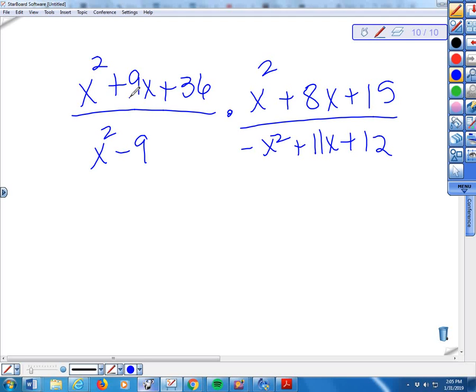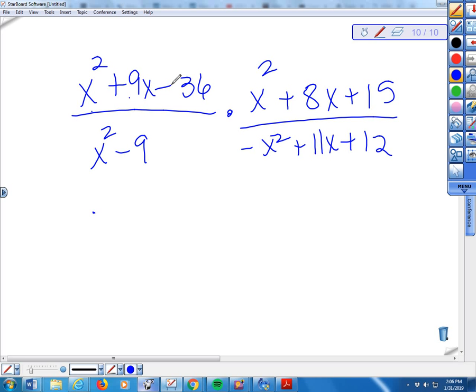Okay, so how do I factor the numerator on the left? Can I? I'll make this a minus 36. That might help. 12 and 3.